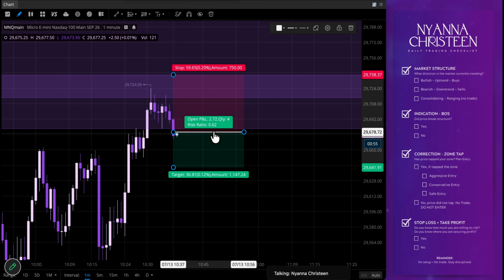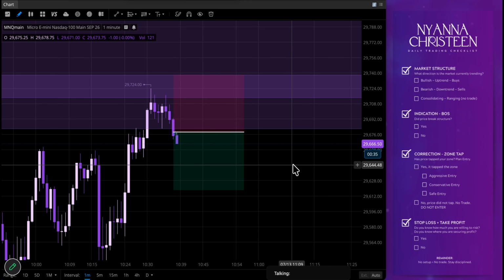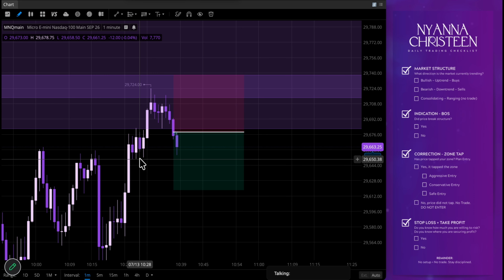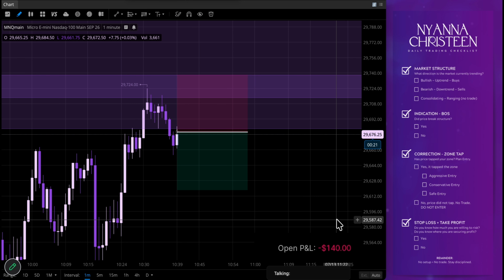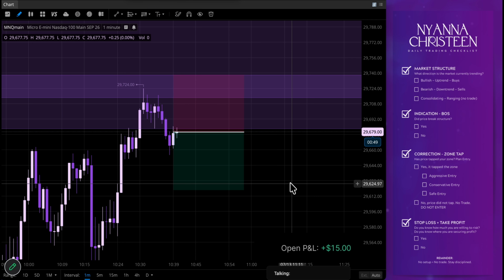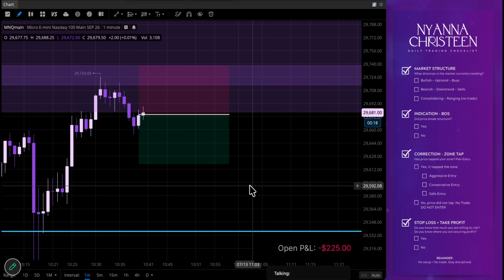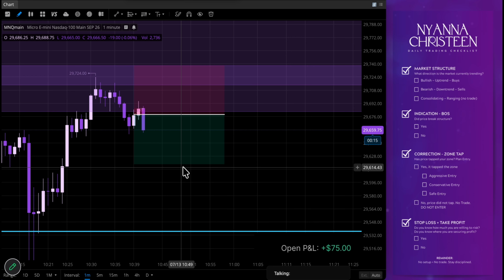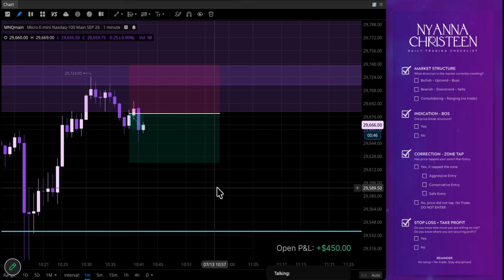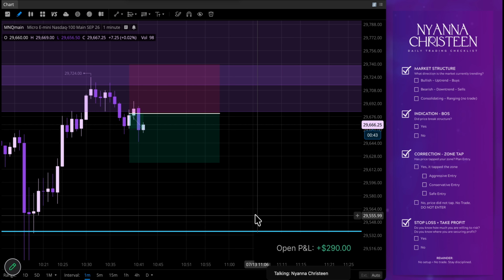Let's see how it would have played out. Okay, it broke this low, tapped back into the zone, and then I'm going to get out. It's a small little win today, but it's not there yet.